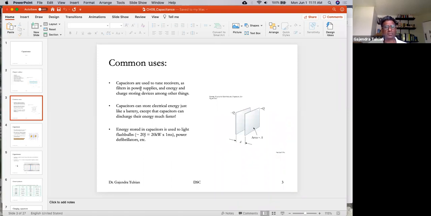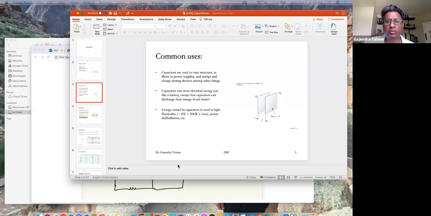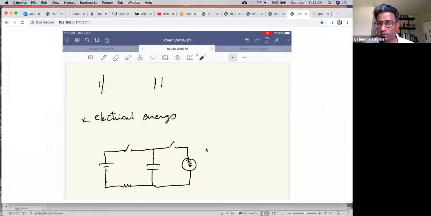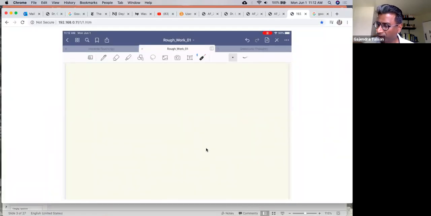So here are some uses for capacitors. They're used in tuning circuits. Actually, let me go ahead and show you a tuning circuit. We'll talk about these circuits more in a couple of chapters, so we'll have to first introduce inductors.